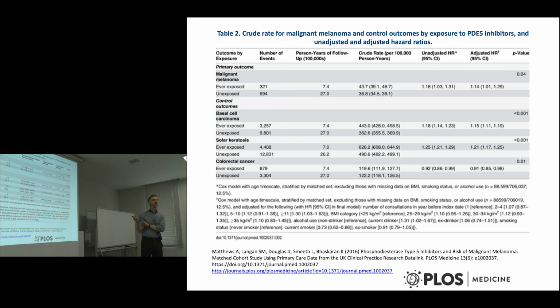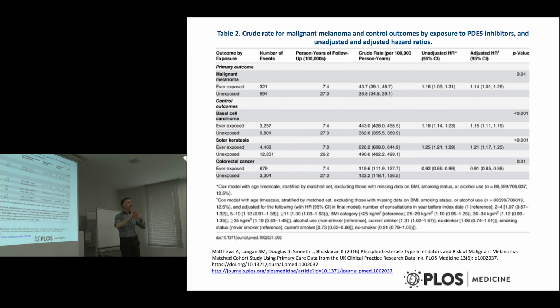So we thought this was some indirect evidence that the association with malignant melanoma may not be causal. And then finally, we also looked at the association with solar keratosis. But we looked at this association before the men had ever taken a PDE5 inhibitor.